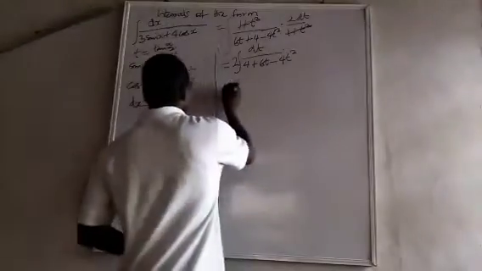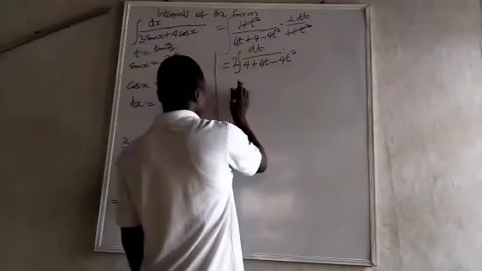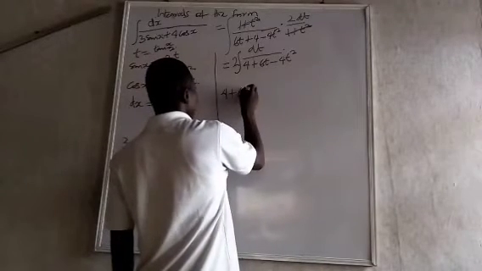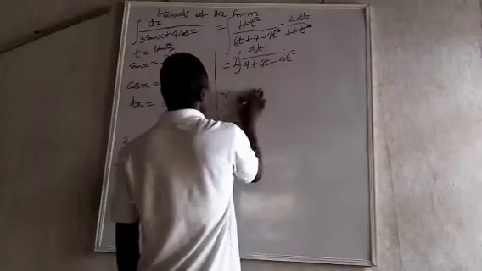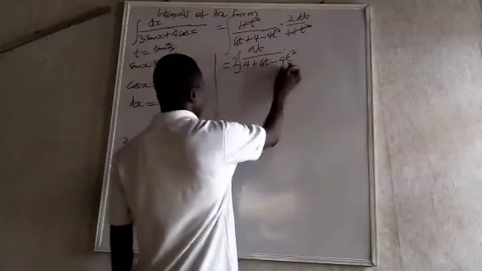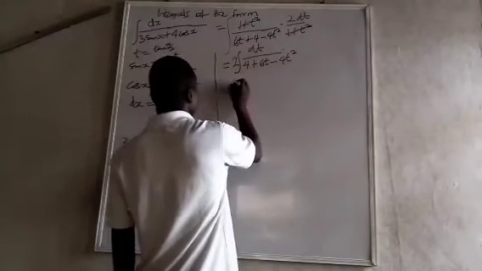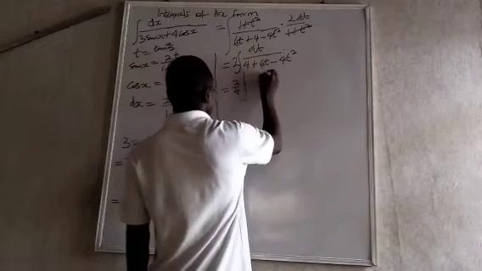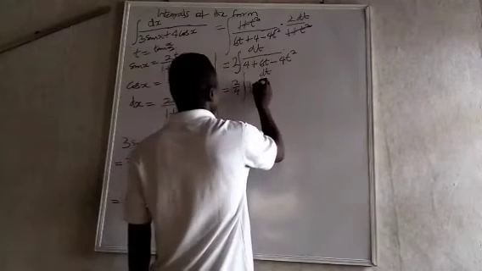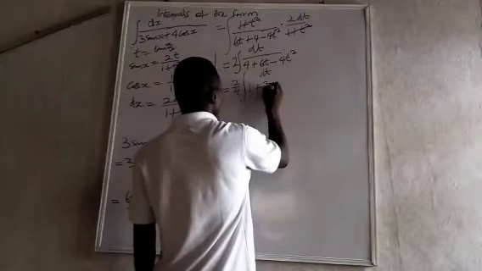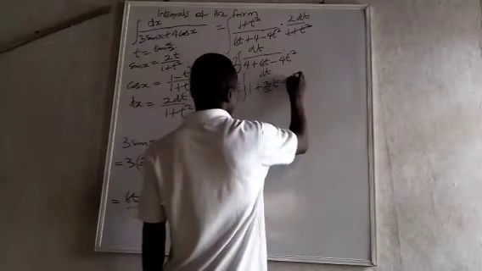Now let's continue and work on this denominator again. Before we go on, let's divide 2 by 4 again. So we are going to have 2 over 4 dt over 1 plus 3 over 2 t minus t squared.